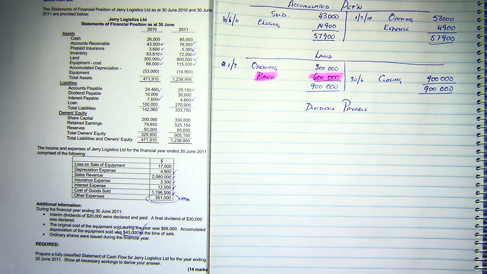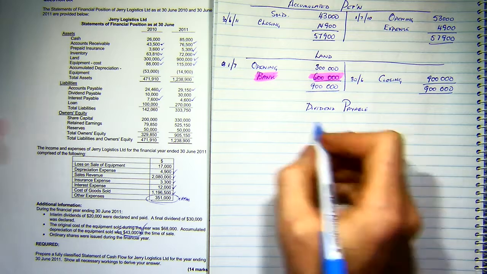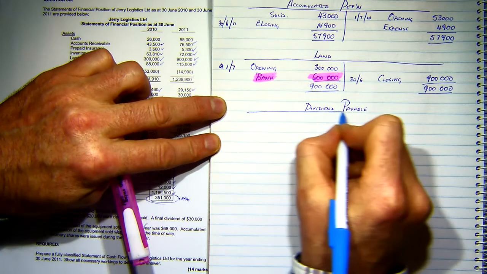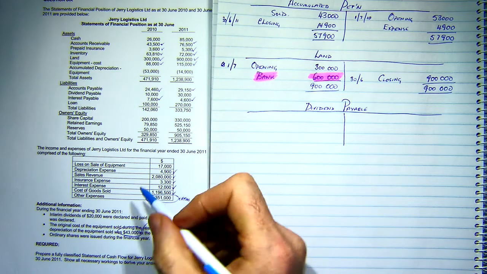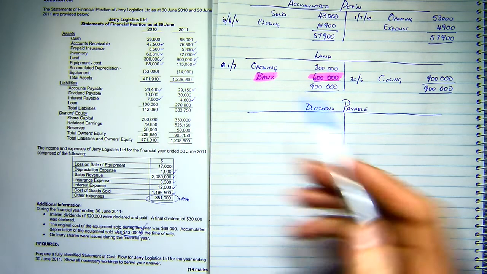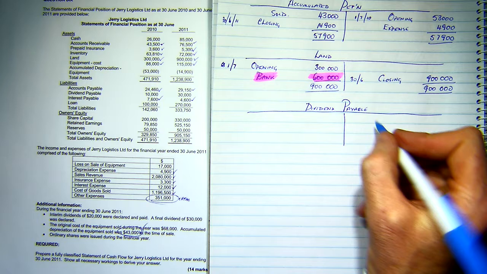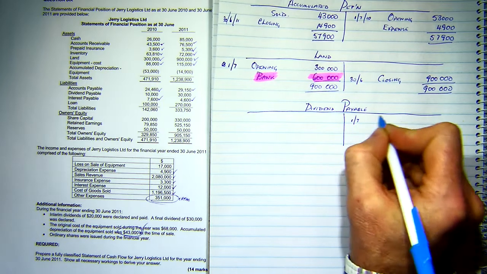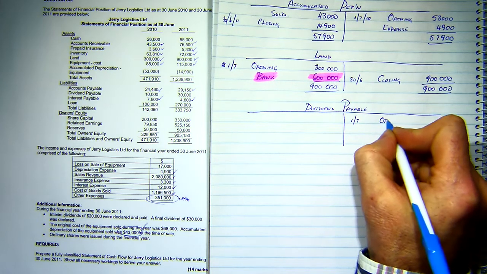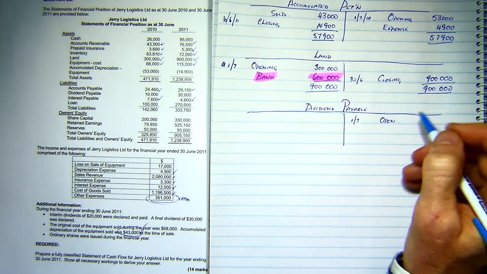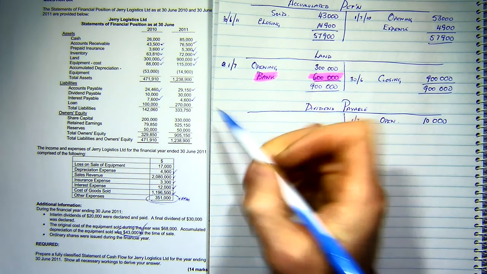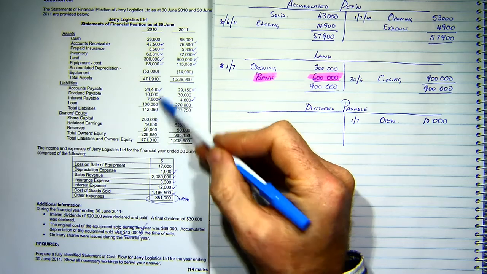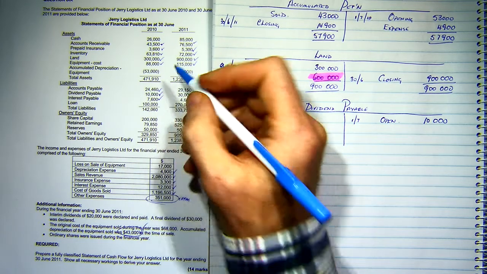I'm looking to work out how much cash went through my dividends payable account. We start with an opening, it's a liability, so credit balance on the 1st of the 7th. My opening balance is 10,000. So it's 10,000 there, so I'll tick that one off.